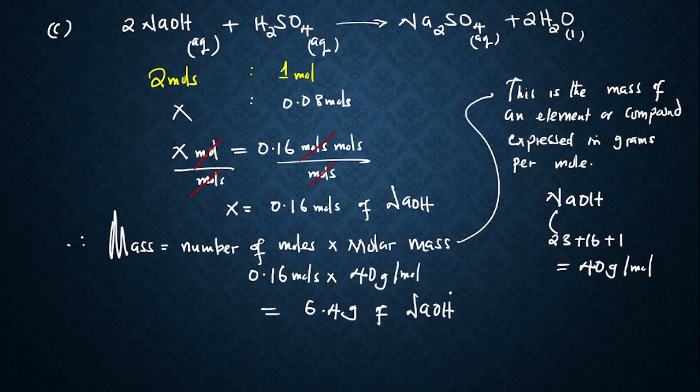So this is the mass of the pure sodium hydroxide from the 8.0 gram of the impure sodium hydroxide. Our last question is telling us to calculate the percentage purity. How do we calculate the percentage purity, knowing that we've got the mass of the pure substance?